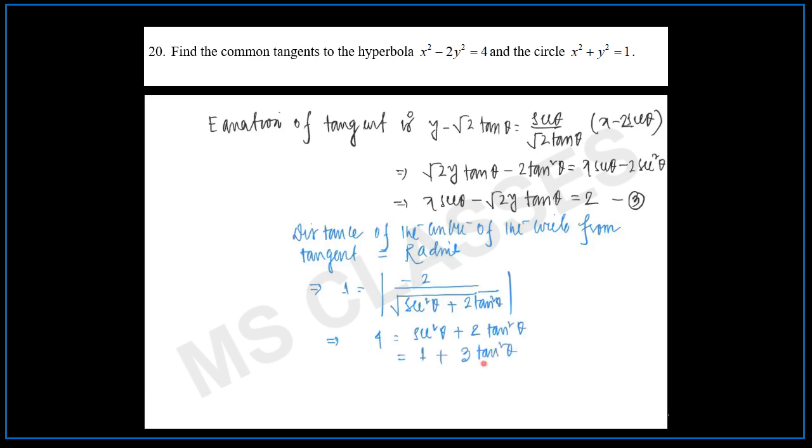Very simple, just what we have done: we have written that sec square theta is 1 plus tan square theta, and we have simplified. Now this gives us that tan square theta is equal to 1. Tan square theta equal to 1 means sec square theta equal to 2, and therefore sec theta equal to plus minus root 2.